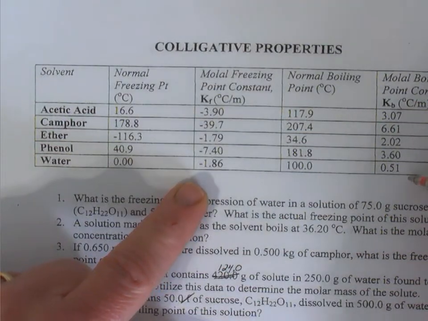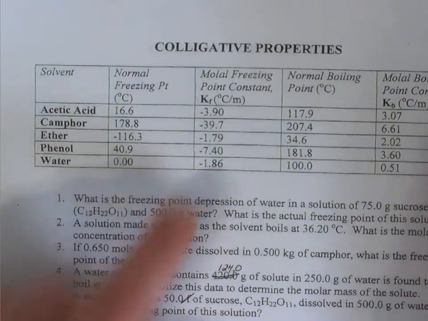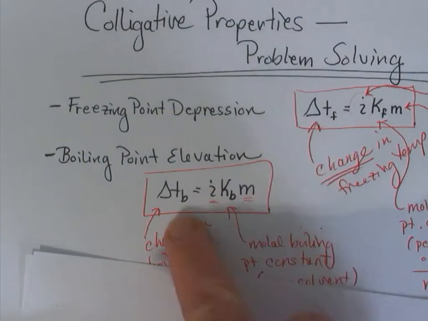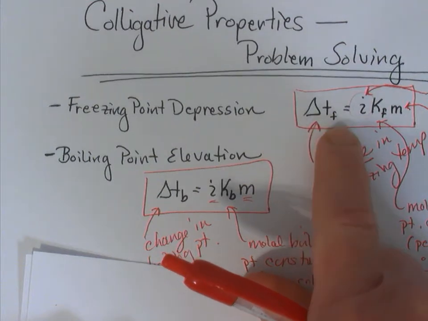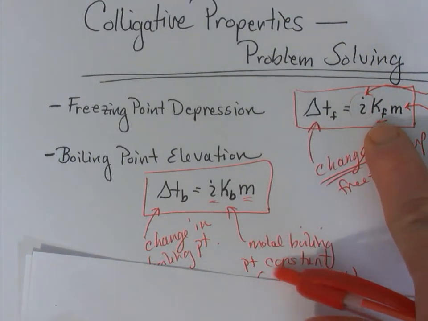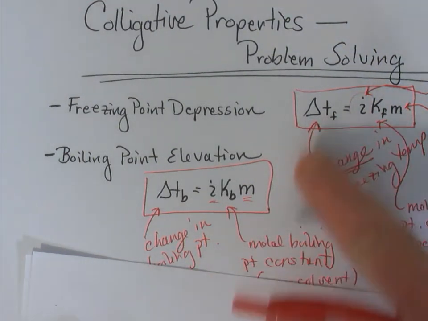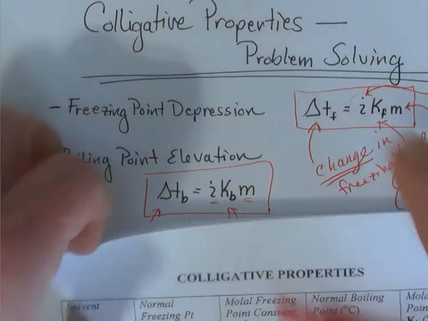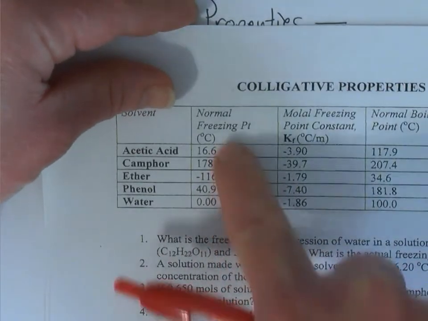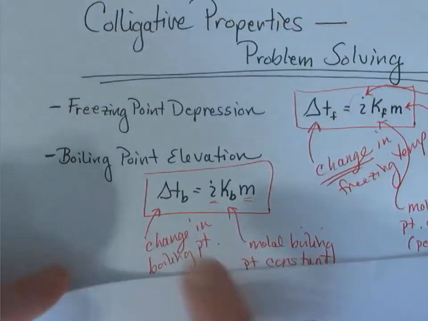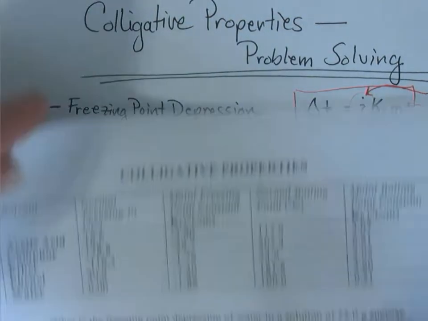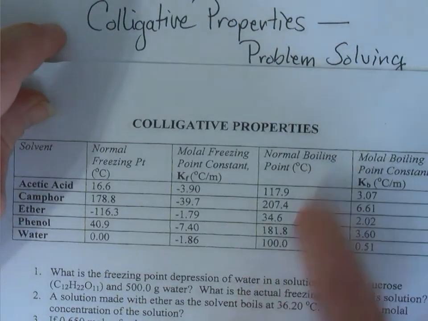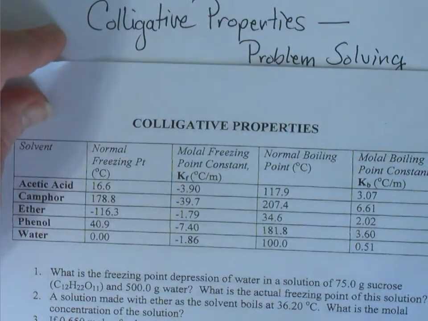These are positive because, of course, we are raising the boiling point. So when you find the change in freezing point, because your K_f is negative, this will be negative because we're lowering based upon the pure solvent freezing point, whereas your delta T_b values will be positive because you're increasing the boiling point when you have a solution.